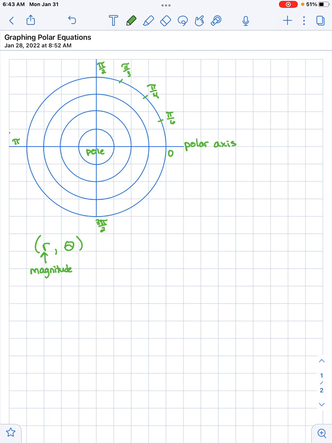If we think about the unit circle, r is the hypotenuse of any right triangle inside the unit circle. So this is x, y, and r is that length, that hypotenuse. Theta is the angle from the polar axis. So that tells us how far around we go.